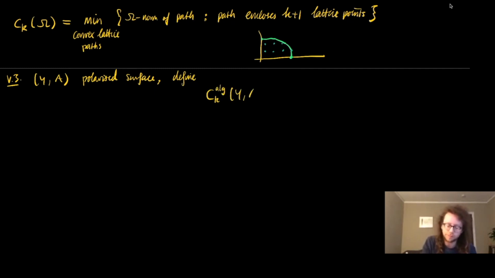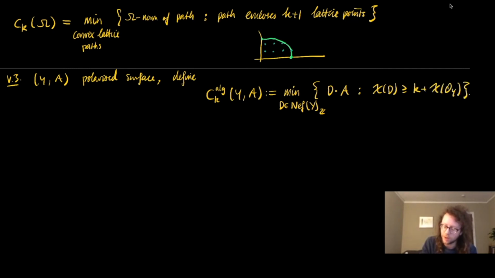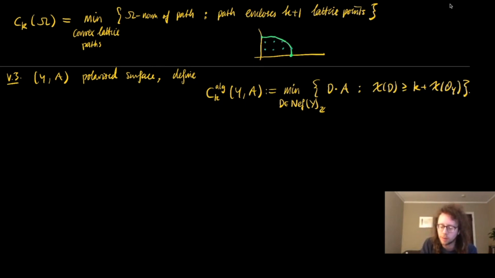CK alg of YA is defined to be the min over nef divisors on Y, that is, Z-cycles with coefficients in Z that are nef, of D dot A, such that the Euler characteristic of D is at least K plus chi of the structure sheaf of Y. Okay, so what really is this minimization problem saying?